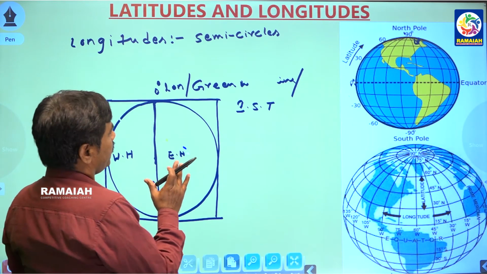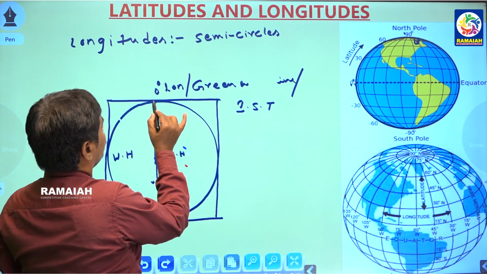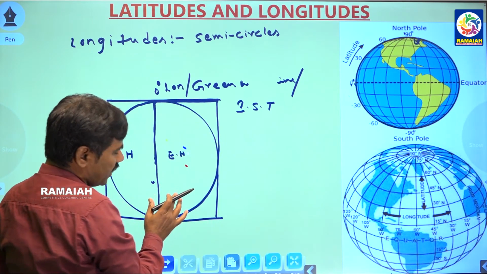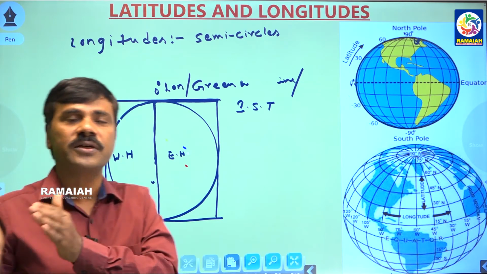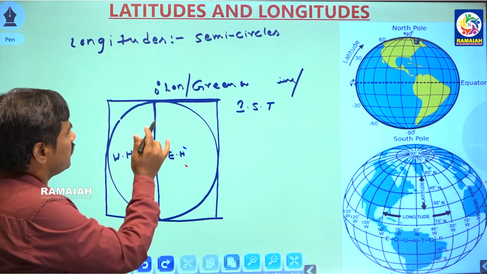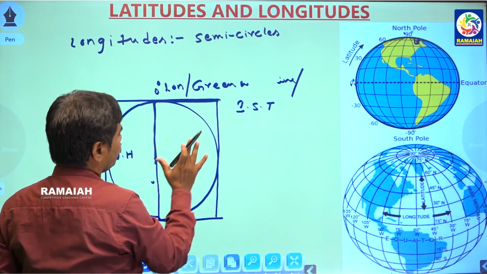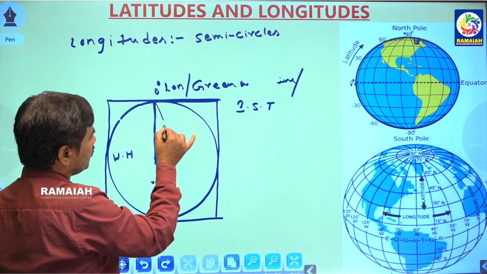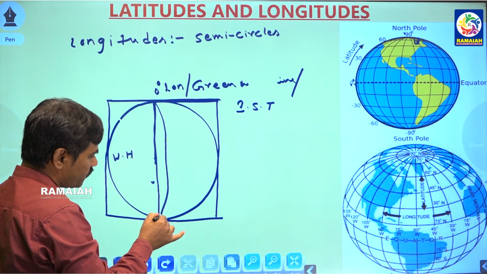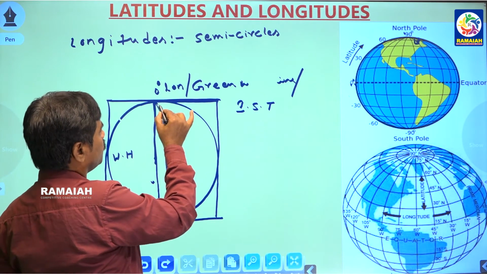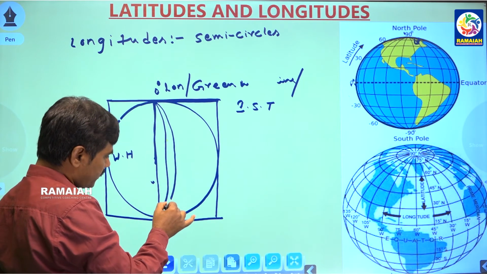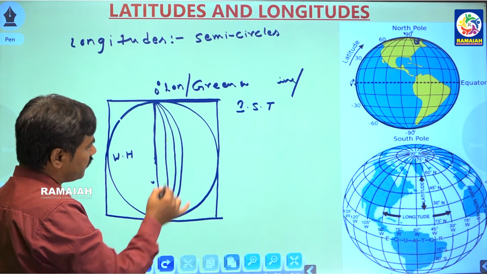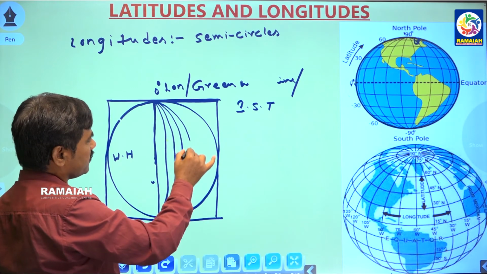Now you can see that from the equator going to the eastern side, the number of longitudes gradually increases. On the eastern hemisphere, each and every longitude starts from the North Pole and ends at the South Pole, like this. These are the longitudes drawn on the earth's surface in the eastern hemisphere.